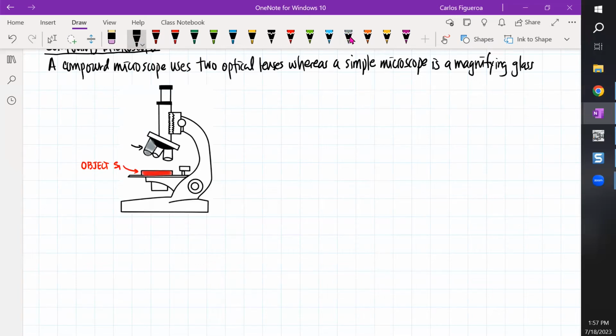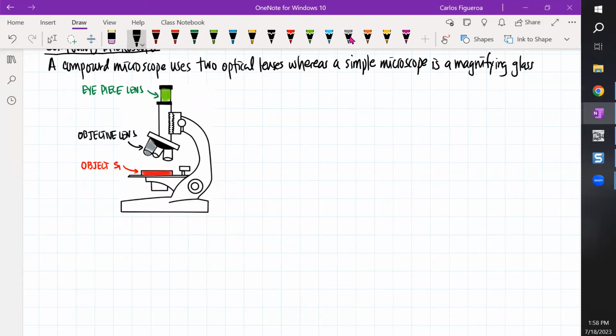This here is lens number 1, known as the objective lens. And then the second lens is this guy right here, known as the eyepiece lens.